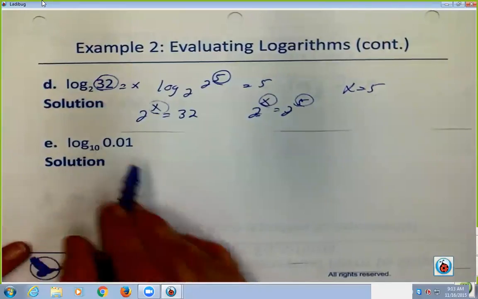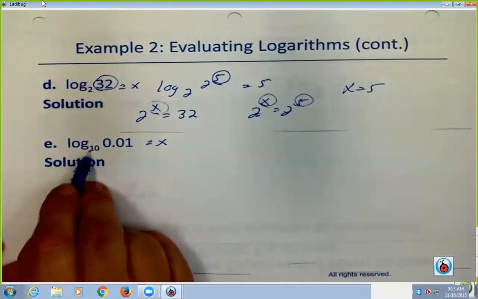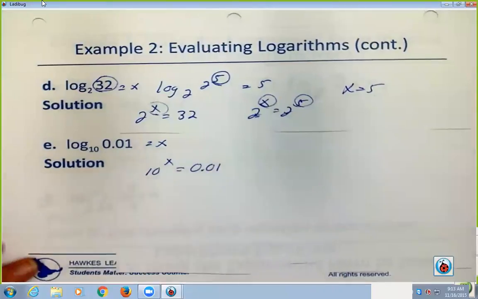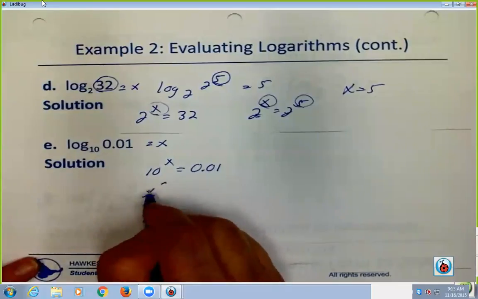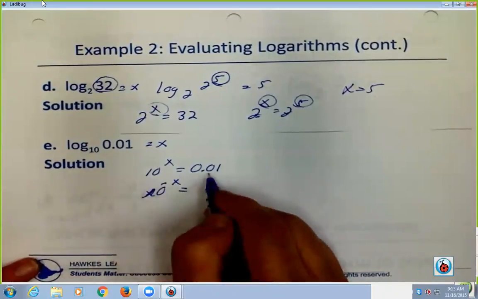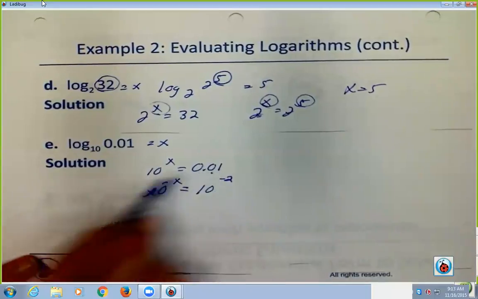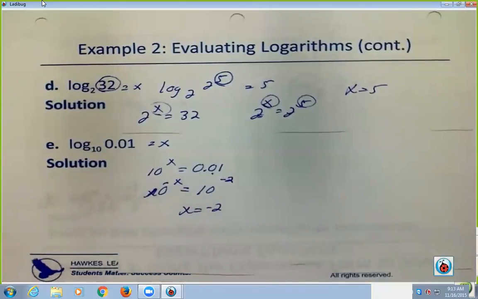And finally, the last one. Again, if you can't remember the properties, set it equal to x. So 10 to the x power equals 0.01. Because it's a decimal, this becomes 10 to the negative 2nd power because it's 2 off. And so I find out that x is equal to negative 2.